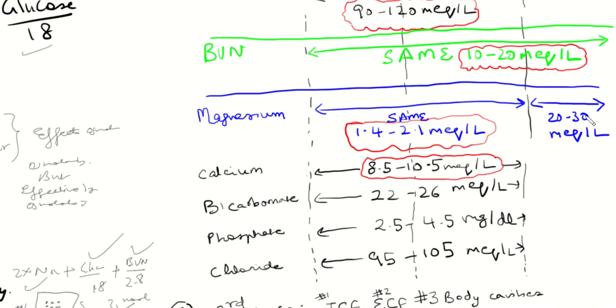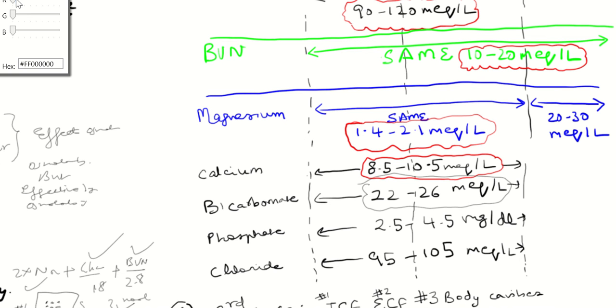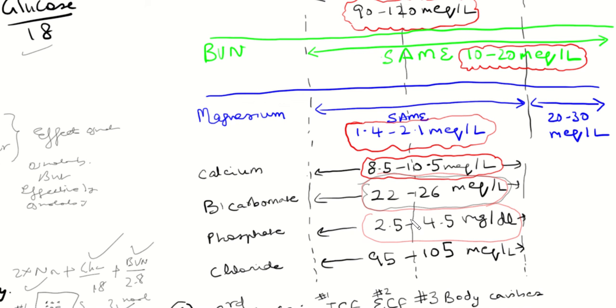Magnesium generally runs 20 to 30 milliequivalents per liter inside the cell. However, the ones that are marked here, let me mark these as well. Let me actually mark it with a red pen so that way you guys learn these. So I do want you guys to know the bicarb, the phosphate, and the chloride levels.